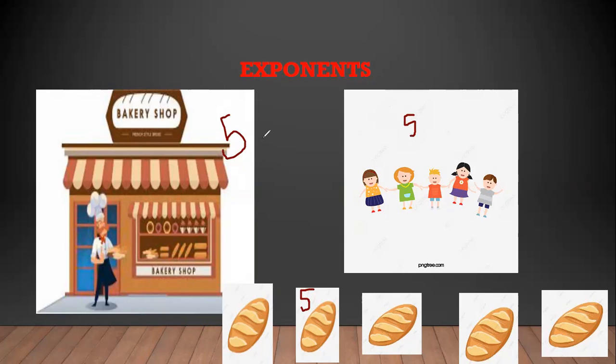Number 5 is called the base value. Okay, how many repeated times? Number 5, excellent, super, 3 times. So the base value 5 times 5 times 5 is equal to 5 power of 3.